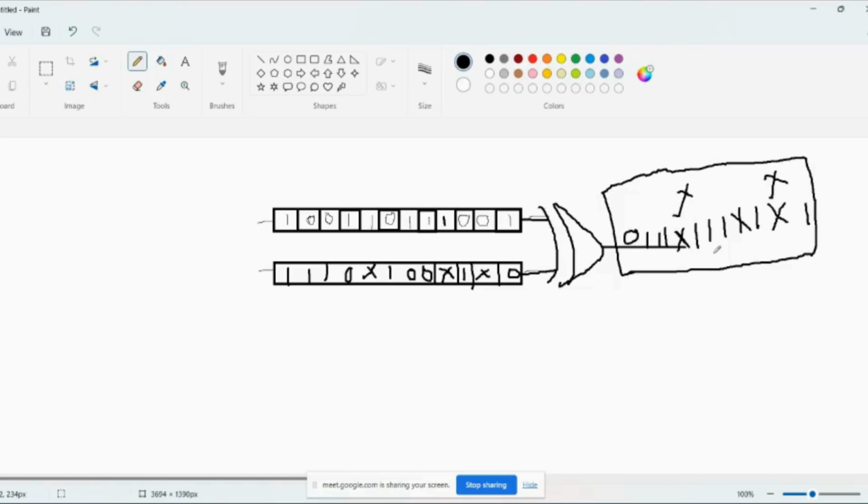So this particular pattern can cause nearby patterns to fail when you have X propagation in the chain, in the pattern. Okay. So for the compactor, it is not good for comparison.